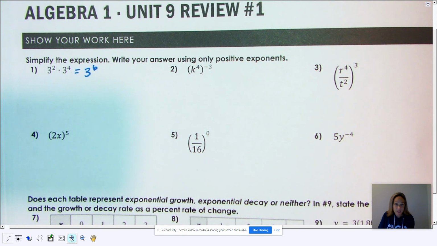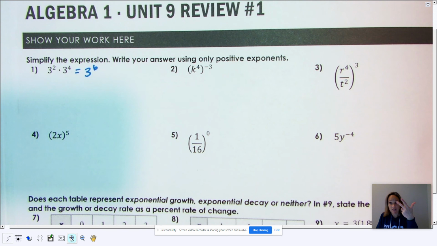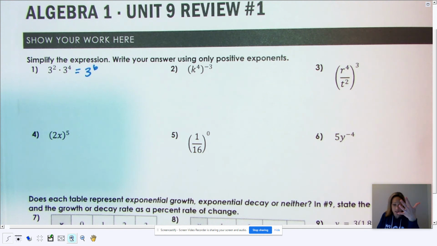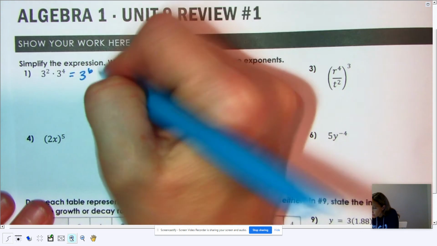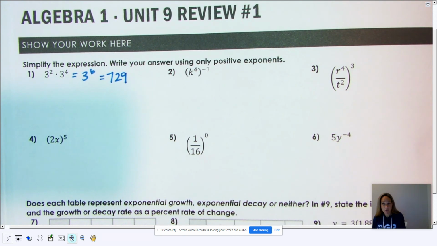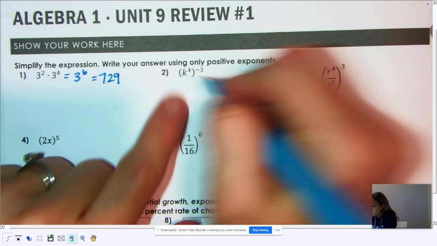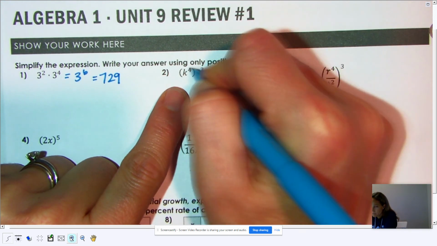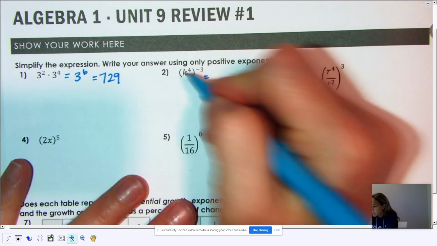So 3 times 3 is 9, times 3 is 27, times 3 is 81, times 3 is 243, and then times another 3, I'm going to get my calculator out for that one, 729. So equals 729.